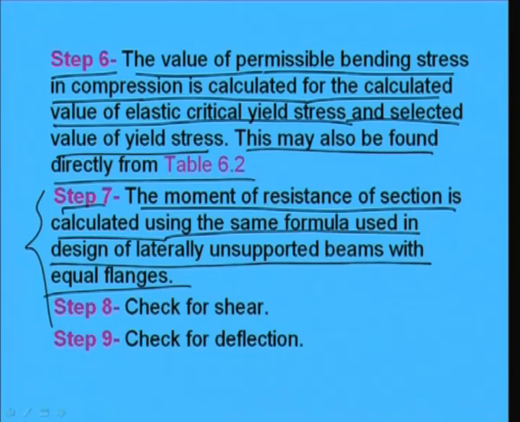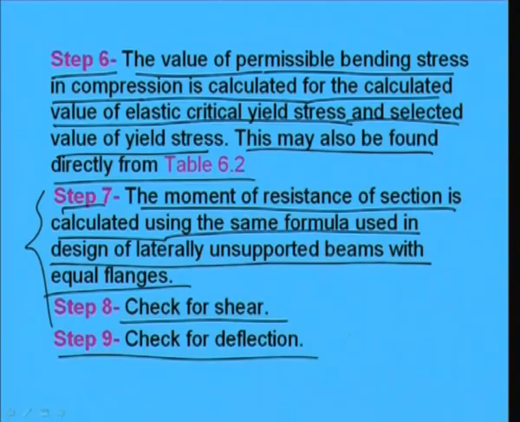And step 8 will be as usual checking for shear, whether the developed shear stress is exceeding the allowable shear stress or not. If it is exceeding, then we have to redesign, otherwise it is okay. And then finally, check for deflection of the beam, whether it is coming within the limit of the code provision or not, that we have to check.